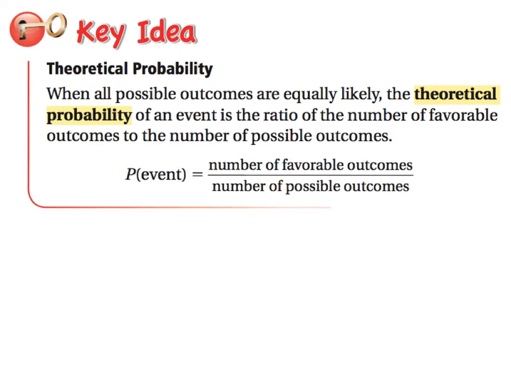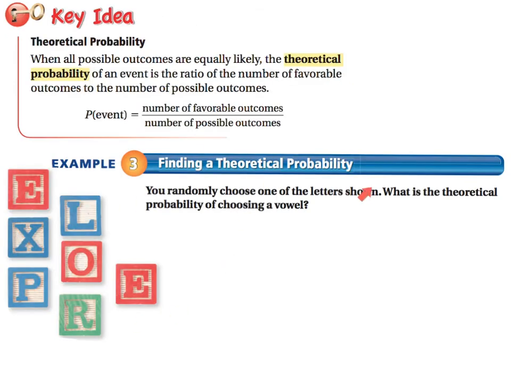Now, theoretical probability is our next key idea. So when all possible outcomes are equally likely, the theoretical probability of an event is the ratio of number of favorable outcomes to the number of possible outcomes. So this has not actually happened. This is theoretical. So if I gave you example 3, you randomly choose one of the letters shown.